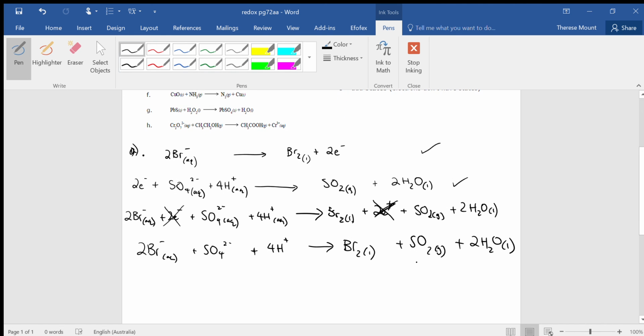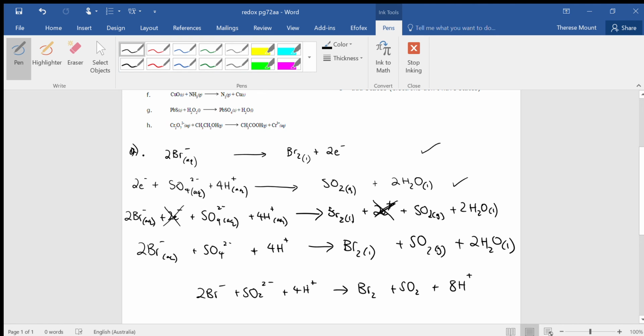So girls, when I said, do I need to cancel any hydrogens out or waters out, just say hypothetically I finished up with something like 2, plus 4 hydrogen. This doesn't really make sense at the moment, but just say I did.